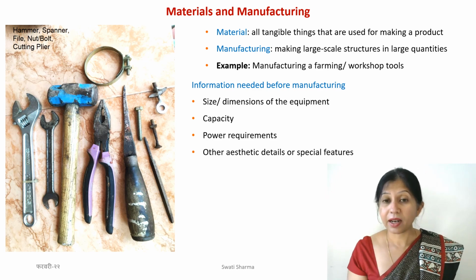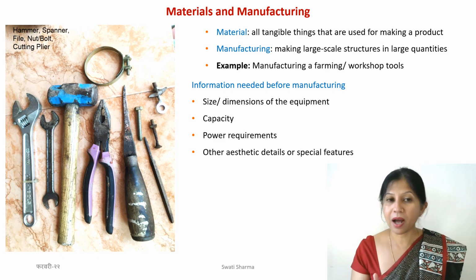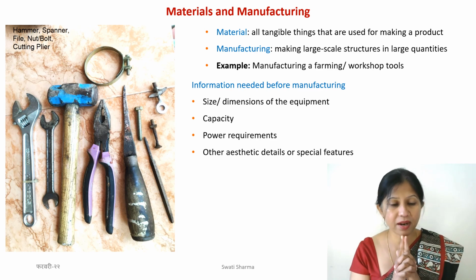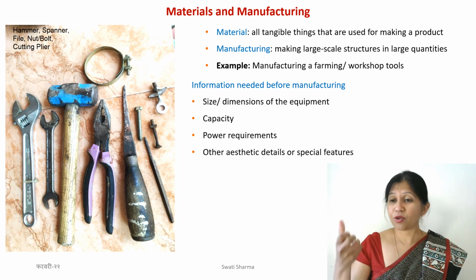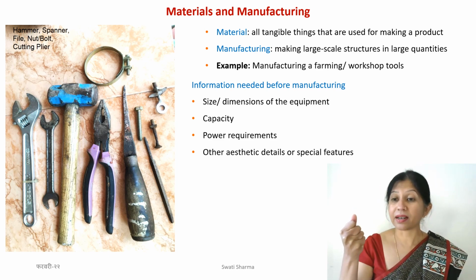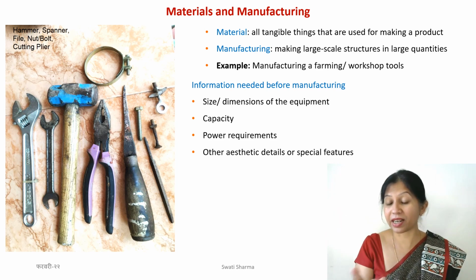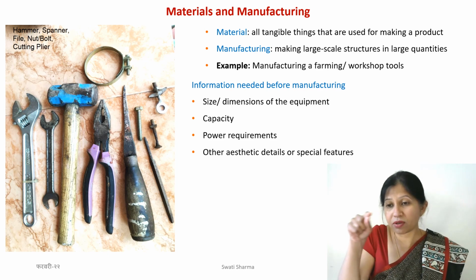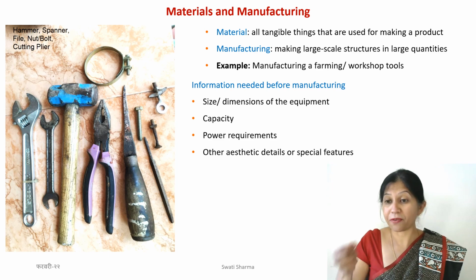Then finally, you will also need to know some aesthetic details. Aesthetic details does not mean how beautiful your product should look. That also is a part of it, but sometimes there are tiny little things. For example, a hammer should be held tightly in your hands. You should not have a hammer that slips out of your hand, because that can lead to accidents. Even forget about a hammer, when you use a pen, I know that there are some pens which do not have those little threads in them, so when you write with them, your finger slips on top of it.